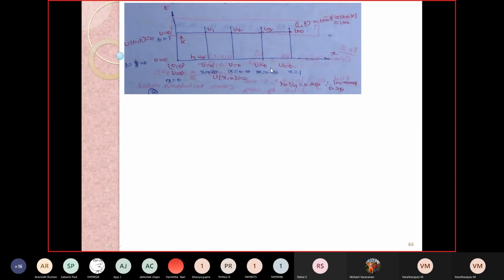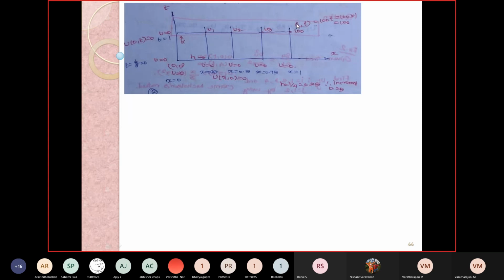Since u(x,0) is equal to 0, take all the u values at t = 0 as 0. Similarly, here t is equal to 1. At one step ahead, we need to find the u values, that is u1, u2, u3. Here u(0,t) is equal to 0, so when t is equal to 1, u is equal to 0.